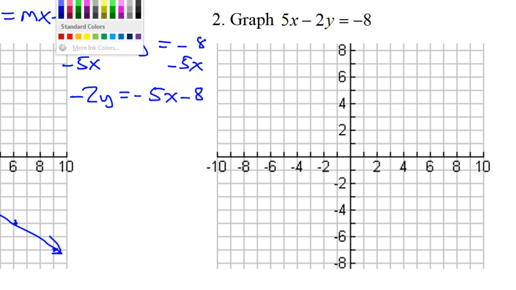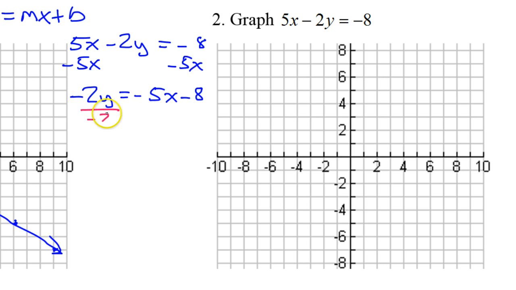Now to get y by itself, you want to divide by -2. And you want to do that in all three of these places. So that's going to give you y equals positive 5 over 2 x. A negative divided by a negative is a positive. And plus 4. A negative divided by a negative is a positive.